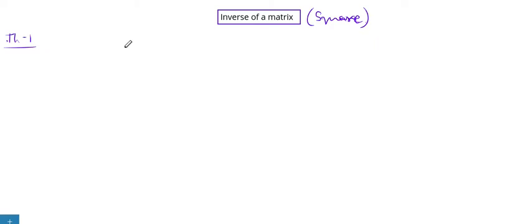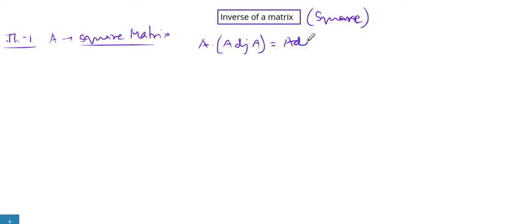The first theorem is, if A is a square matrix, then A into adjugate of A is equal to adjugate of A into A, which is equal to the determinant of A times I. Here this is the determinant value of A matrix.